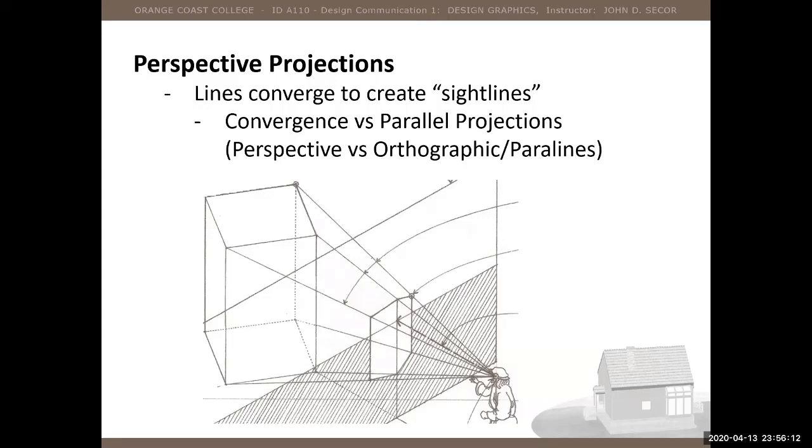Generally speaking, perspectives are experiential, and I'm gonna say at this point that there is a measure of art in these drawings. One of the things that happens is that we can edit out information and add information to a perspective drawing to suit our design purposes.